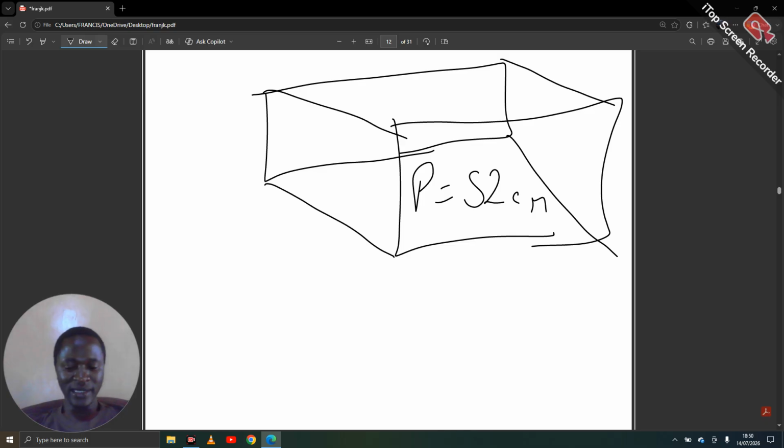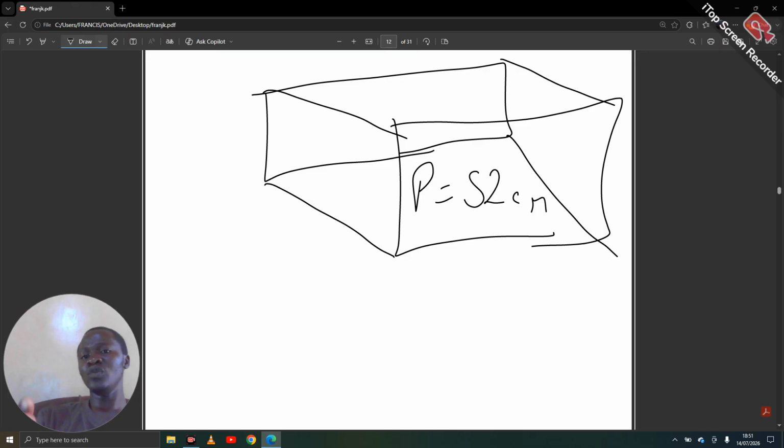Let me tell you something in this question that is hidden. The perimeter of a rectangular prism cross section. Cross section means only one part. This prism is made up of several rectangles.